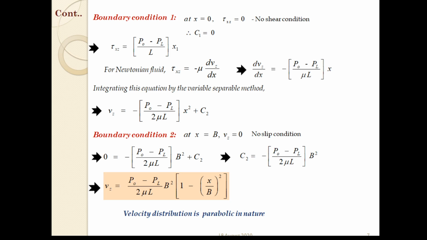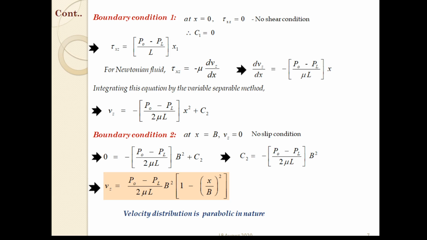To find the C2 value, we need to apply an appropriate boundary condition. Since the velocity term is there, there will be a no slip condition at x equals b, where the fluid is in contact with the wall of the narrow slit. At x equals b, the velocity vz equals 0.